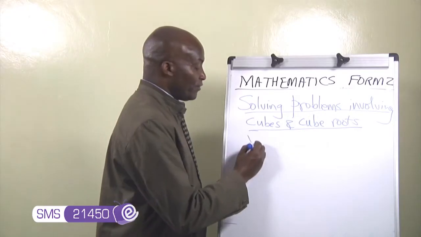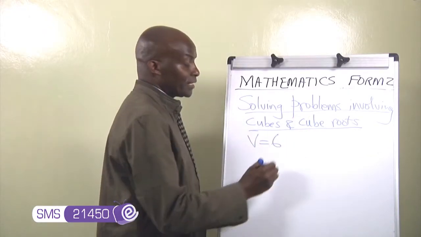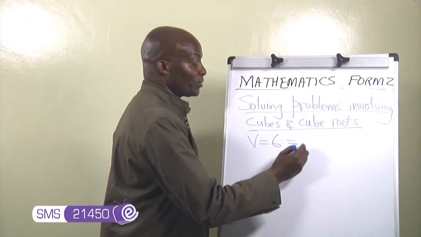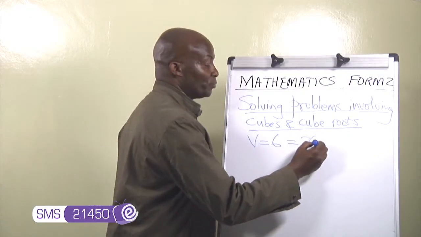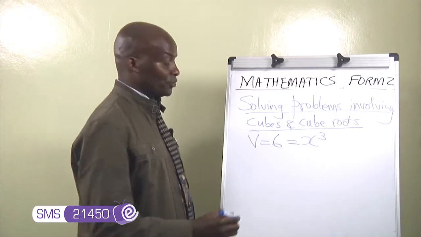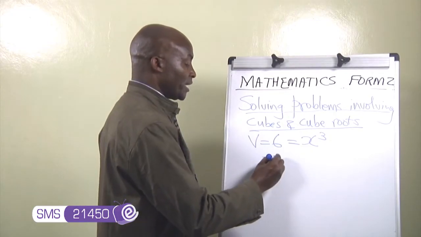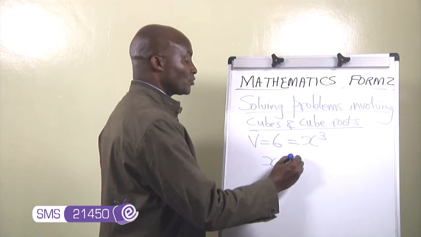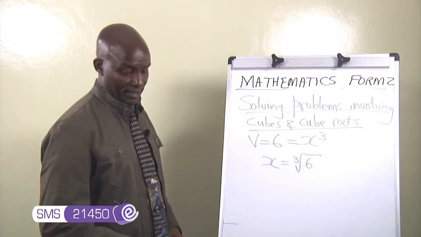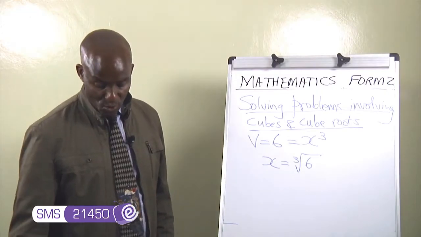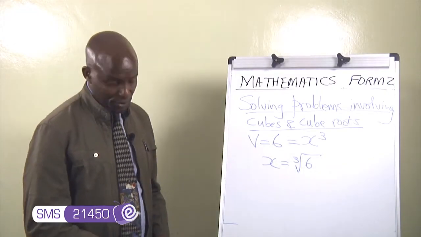So we have the volume equal to 6, and this is equal to length x, therefore x cubed. And so to get length, we say x must be equal to the cube root of 6. And that is where we resort to our mathematical tables.